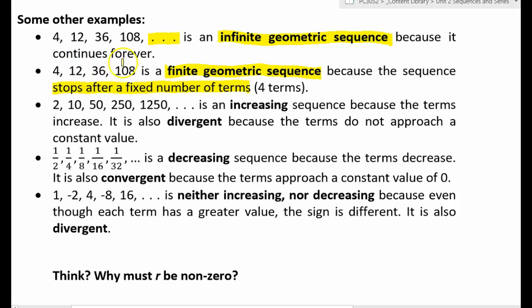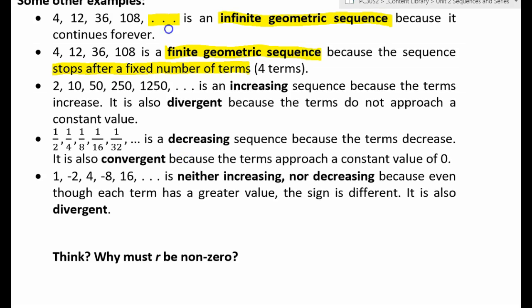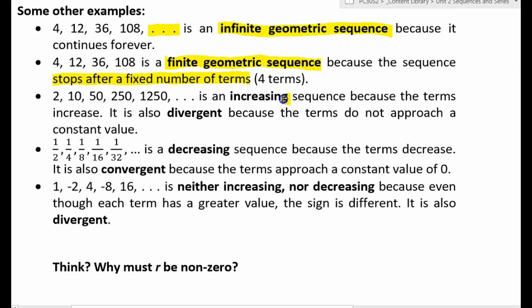In this particular case, we stop after term 4. We can still refer to a sequence as increasing if it's going up and up and up forever. It's also divergent in this case because they keep getting farther and farther apart. That space between your terms keeps getting bigger, and so they do not approach a constant value. We call this divergent.